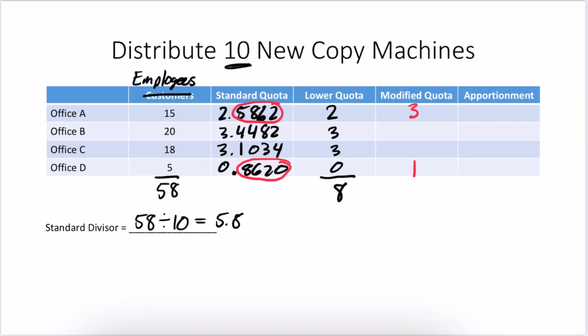And so that means that Office A will have 3 copy machines, Office D will have 1, and then B and C will stay the same as the lower quota. And if you add up those numbers, you can see that we have distributed all 10 new copy machines. And so those numbers would be the final apportionment. So that's how Hamilton's method works, and you'll be practicing this on your assignment. If you have any questions, let me know.